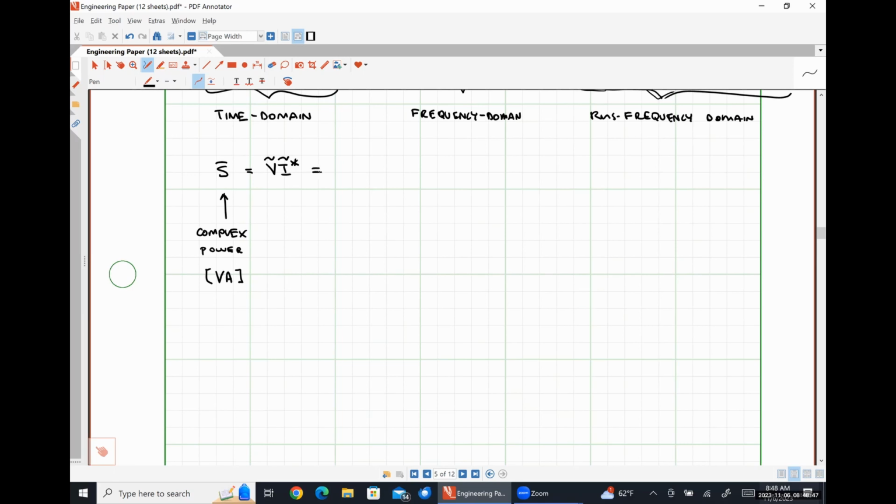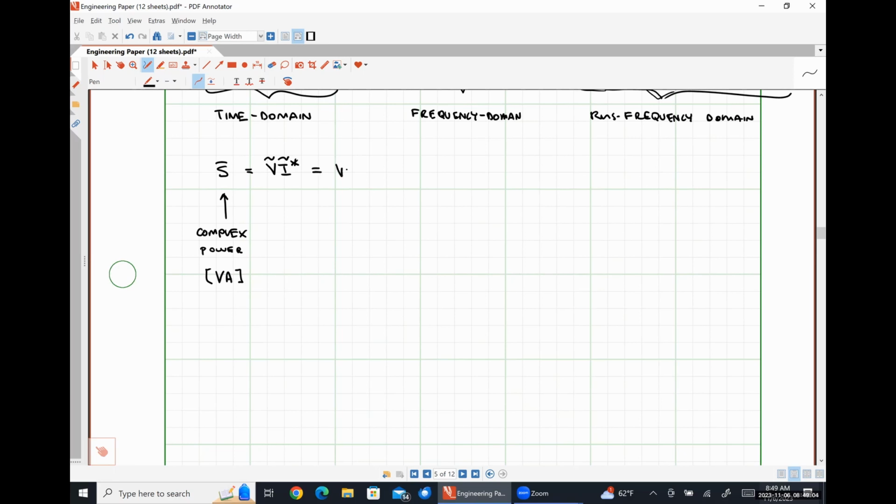So our complex power is inherently a complex number. So that means we're going to have a rectangular representation and a polar representation. So let's start with our rectangular representation.